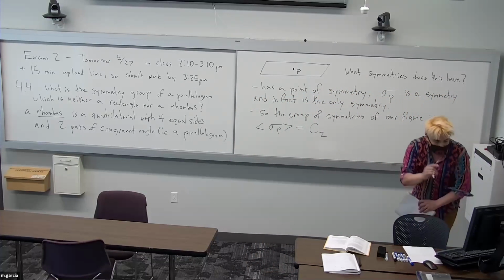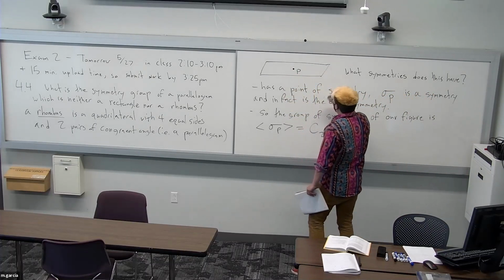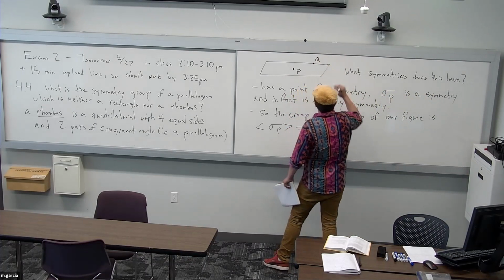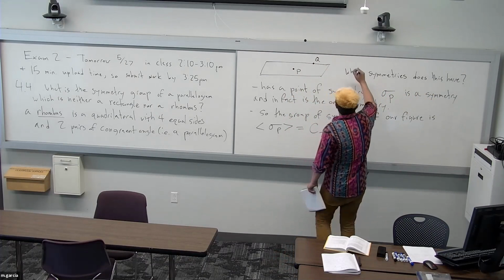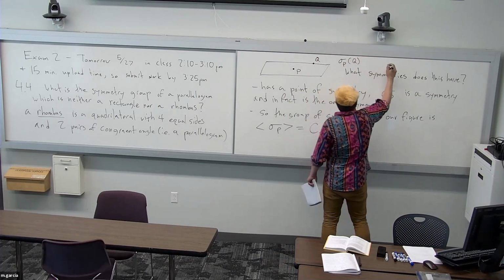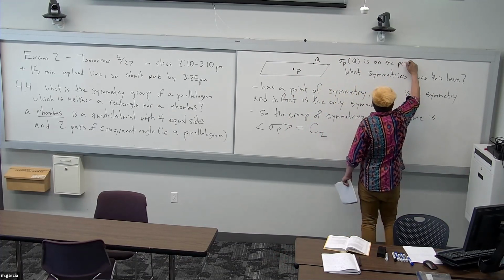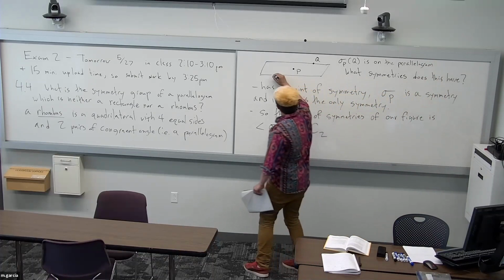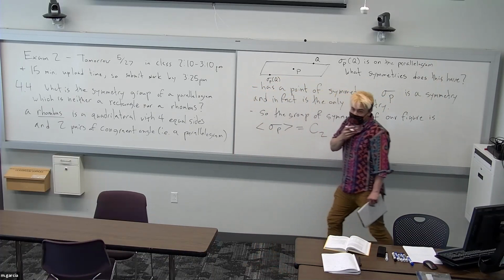So Ryan asked, what makes that a point of symmetry? Well, take this point P and take any point Q on our parallelogram. Then we have sigma sub P of Q is on the parallelogram. Namely, it comes over here, right?